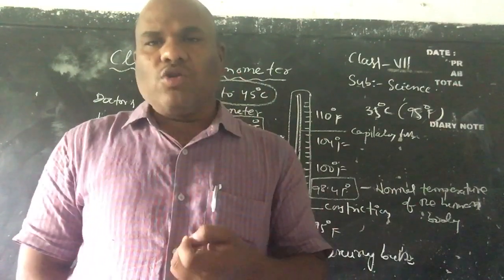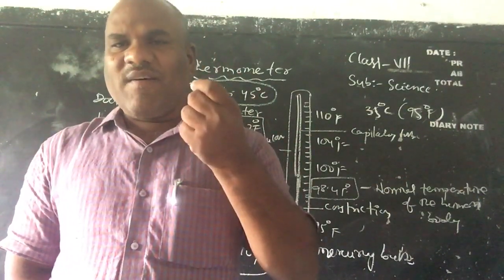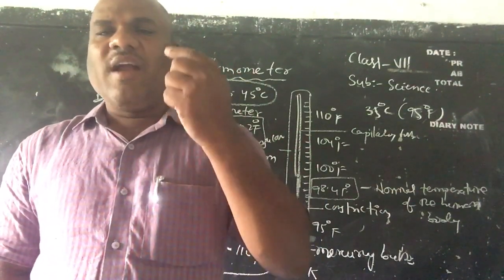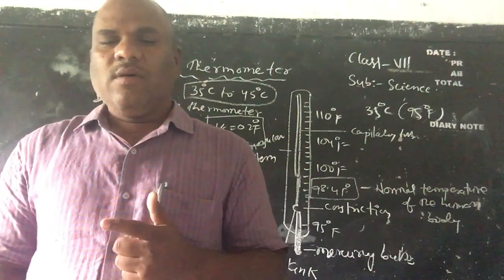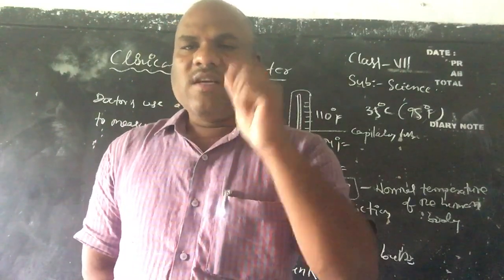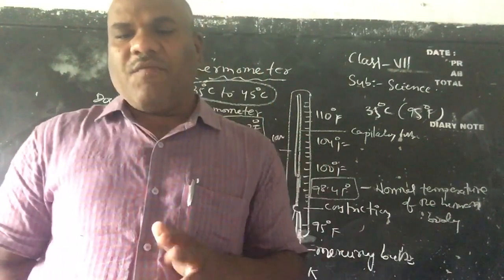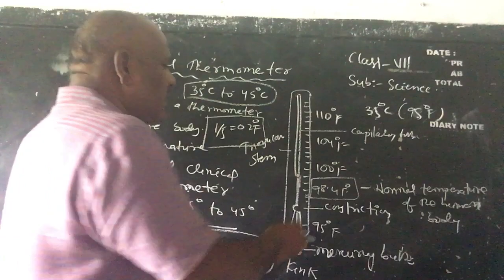If the clinical thermometer shows more than 37 degrees Celsius or more than 98.4 degrees Fahrenheit, then we can say that the person is suffering with fever.